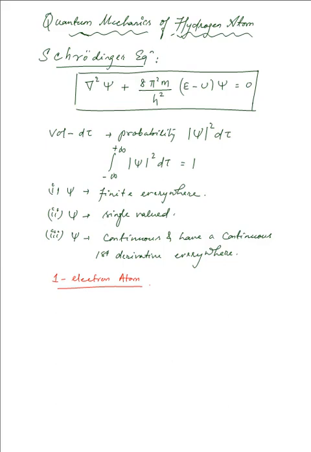Nevertheless, singly ionized means it is a one electron atom. Now, the three-dimensional character of the system allows it to have angular momentum as well. In a one electron atom, the electron of mass, let us say small m, moves about the nucleus of mass, let's take it as capital M.